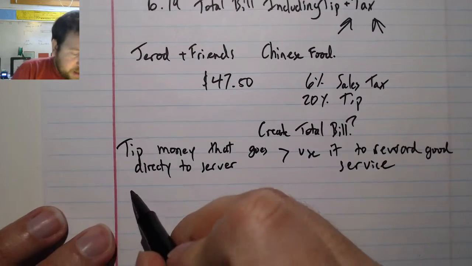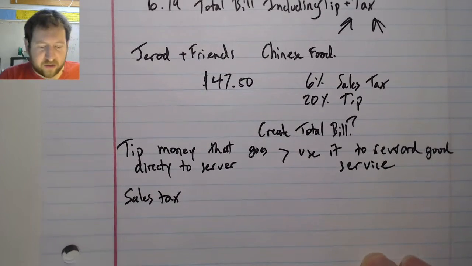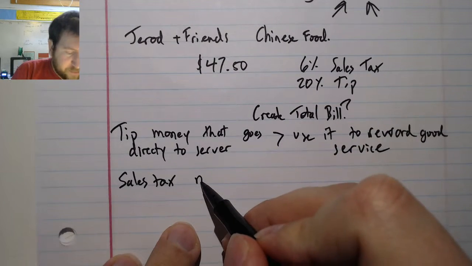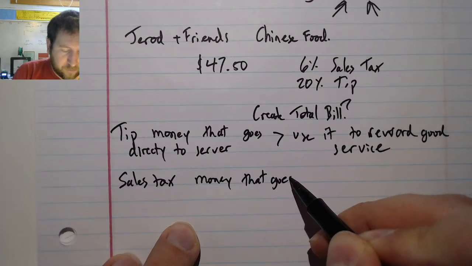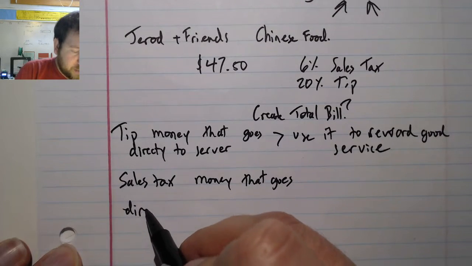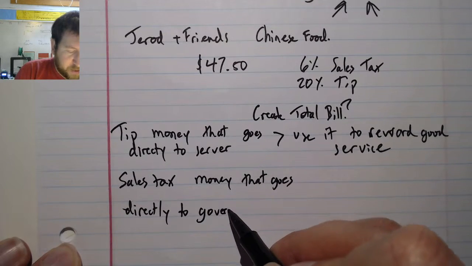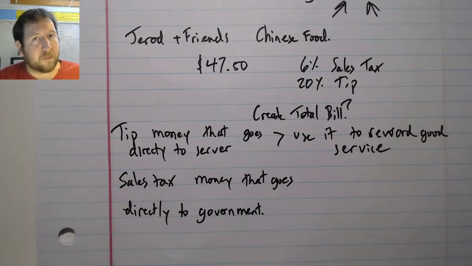The sales tax, well, it's not just money that the restaurant says, hey, let's charge 6% more for everything. No, this sales tax is money that goes directly to the government. Now, it doesn't go to all government equally.